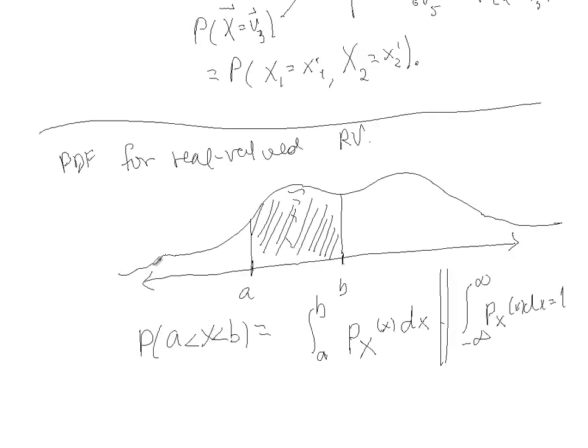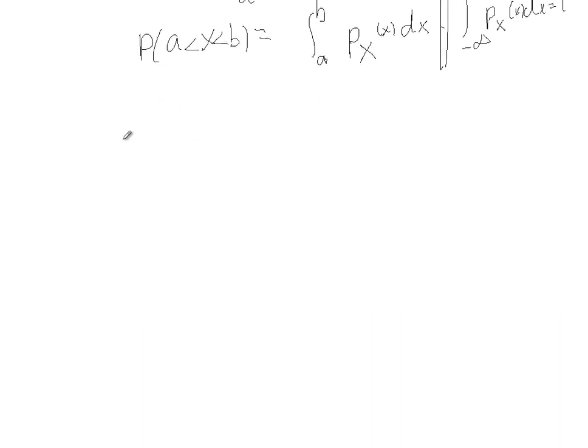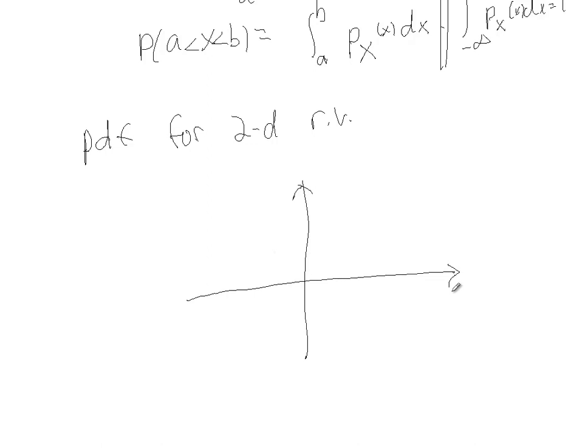Now let's consider the probability density function for a two-dimensional random variable. All right, now you're in the plane. So how could we do a probability density function? Well, we have to have a function that's defined at every point of the plane.